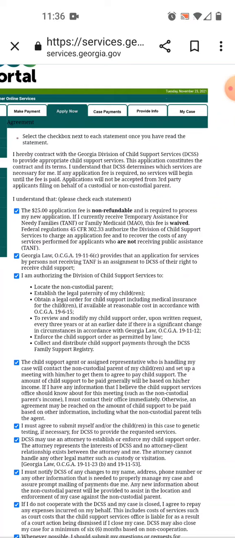If any application fee is required, no services will begin until the fee is paid. Applications will not be accepted from third-party applicants filing on behalf of the custodial or non-custodial parent. Now he or she, whoever's applying for child support, is going to check these boxes before the application even starts.